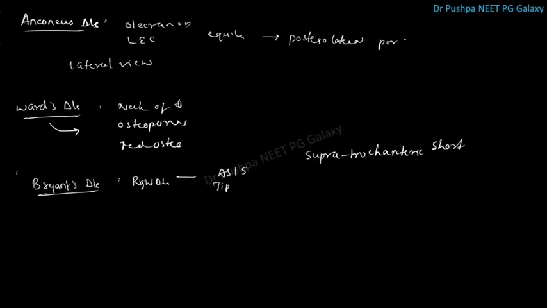Where can we see this supratrochanteric shortening?